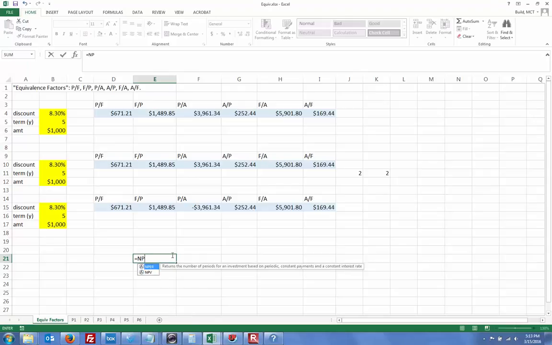Equals NPV. The rate is 8.3. Value 1 is 0, 0, 0, 0, 7,000.